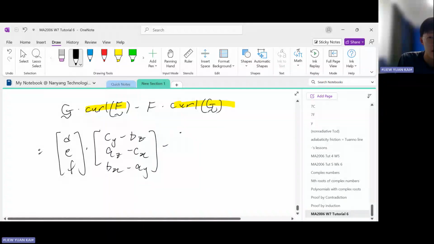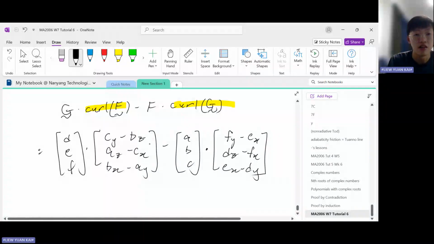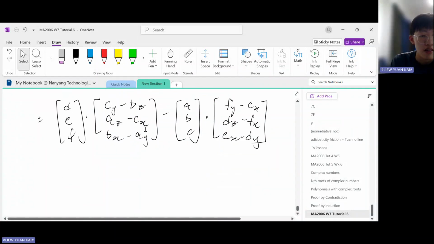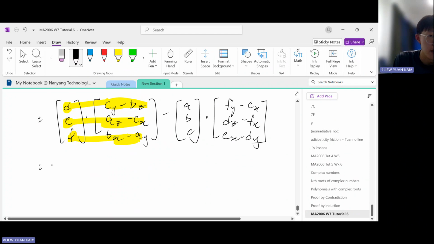Minus F is A, B, C, and the curl of G is what we got just now: FY minus EZ, DZ minus FX, EX minus DY. Dot product means this times this plus this times this plus this times this. I'm going to expand it out straight away.